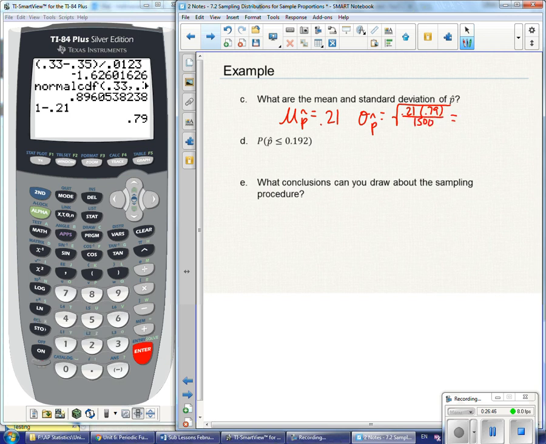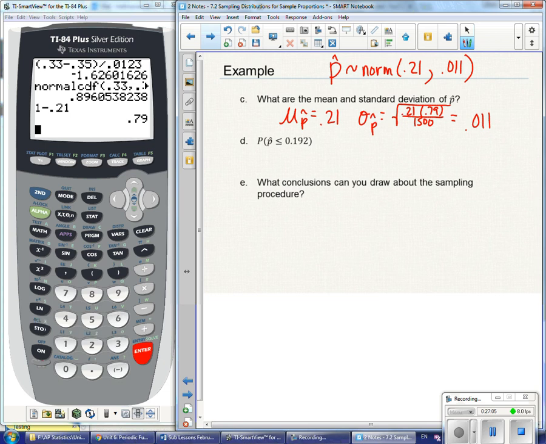And when you calculate that, you get 0.011. And so basically, I'm going to say that p hat is approximately normal with a mean of 0.21 and a standard deviation of 0.011.